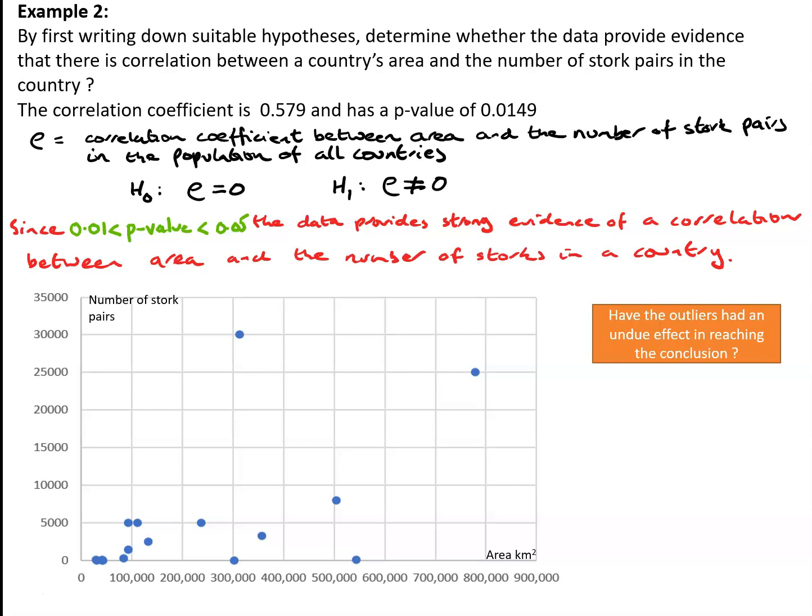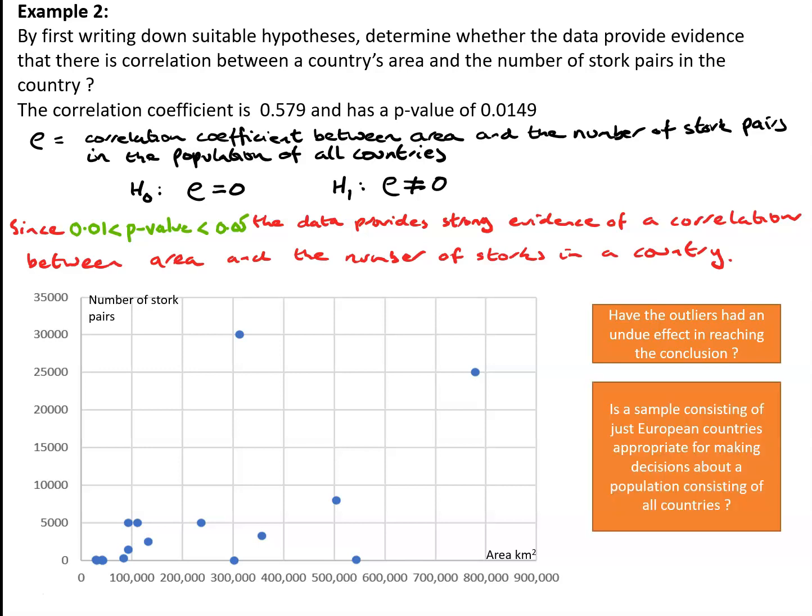First of all, have the outliers had an undue effect in reaching the conclusion? And secondly, is a sample consisting of just European countries appropriate for making decisions about the population consisting of all countries in the world?